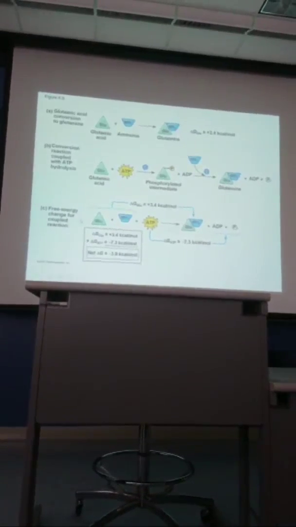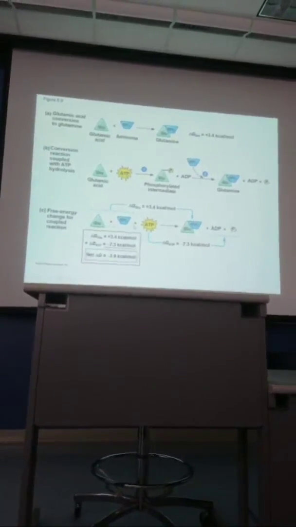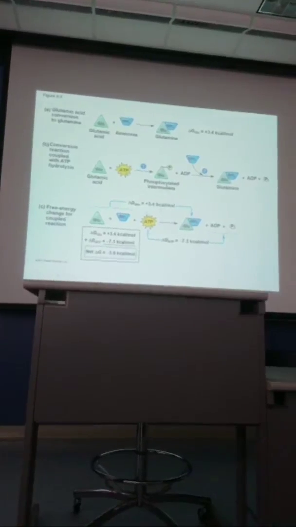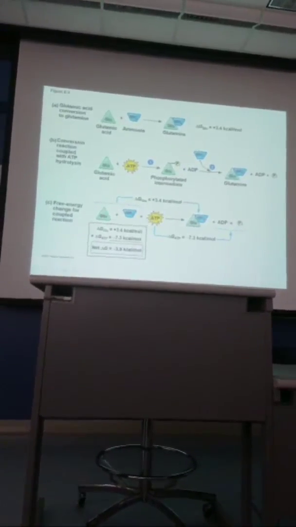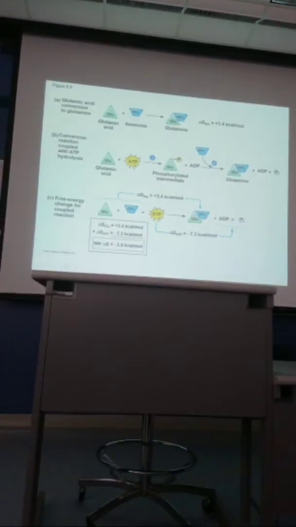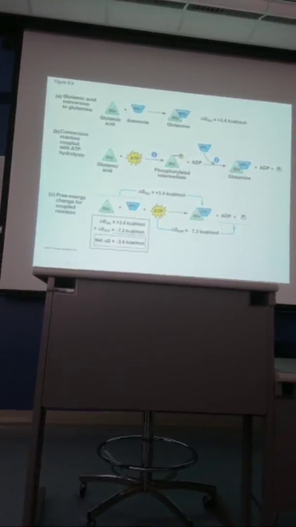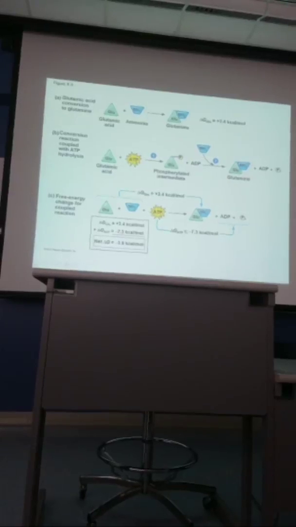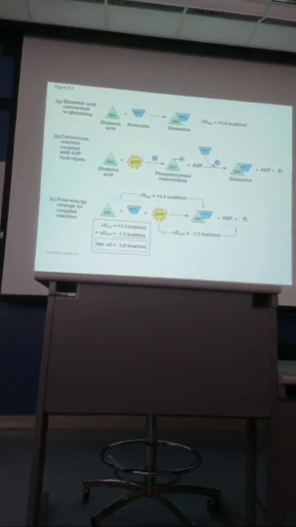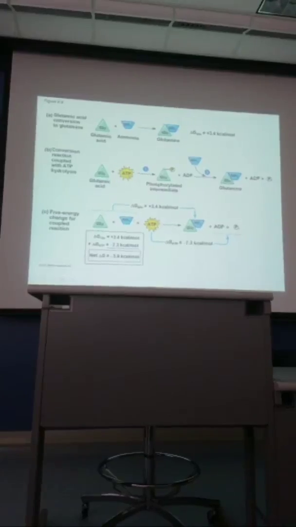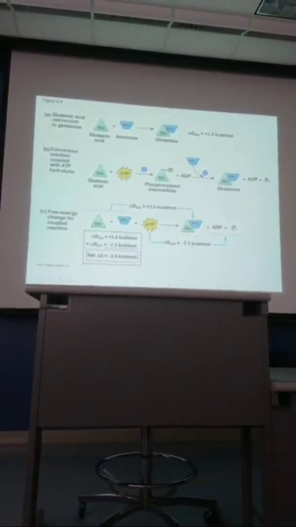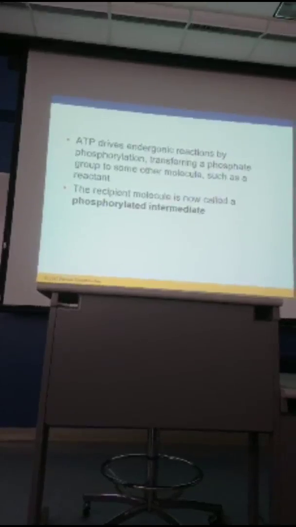Notice down here, glutamine, ammonia with ATP, make that plus ADP plus a free phosphate, and the free energy given off is 7.3 kilocalories per mole, which is the general type of reaction. That's a pretty decent average for most of these. You don't need to remember those numbers.